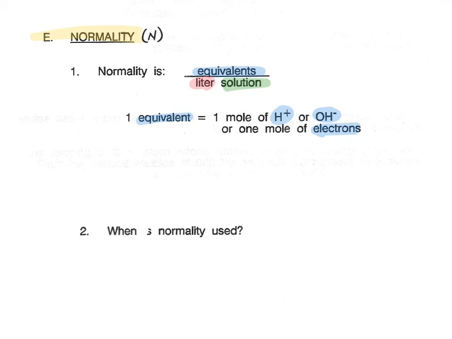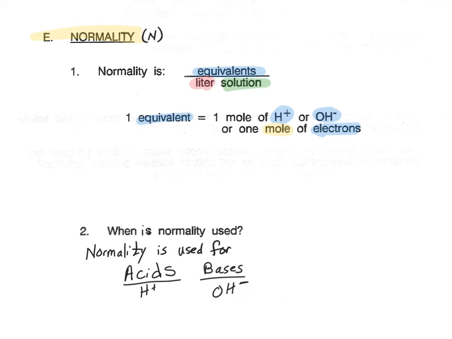Because these are given in moles, this is going to look very much like molarity, but we'll show you how that changes, although you will not need to do the calculations I'm about to show you. So normality is used specifically for acids, the ones that start with hydrogen ion, bases, which end with hydroxide, or with batteries, which use electrons to transport from one position to another.